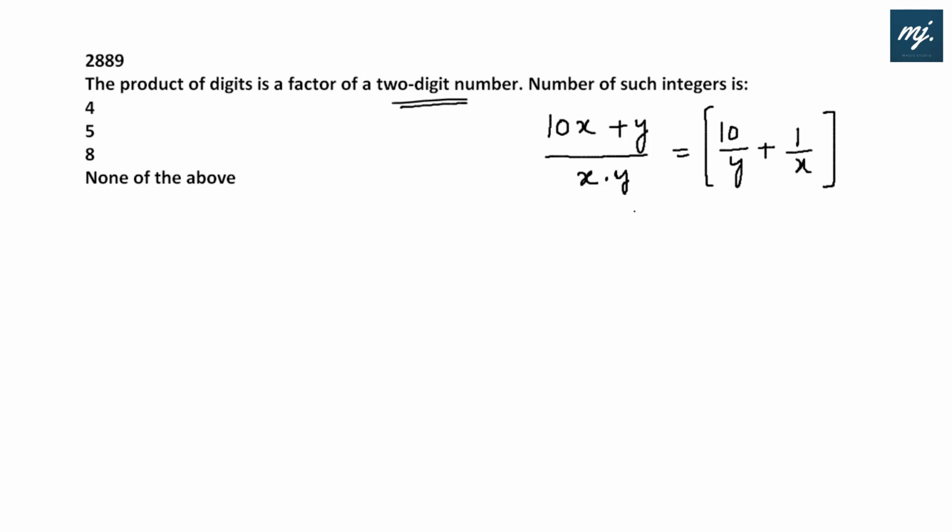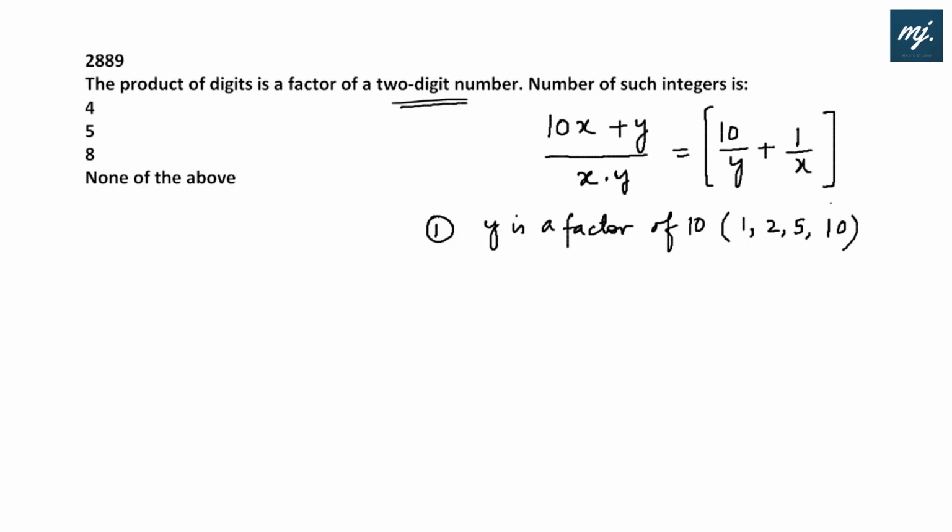In which instance would it be possible? Number 1, y is a factor of 10, then it is possible. And what are the factors of 10? We have 1, 2, 5 and 10. And one more thing, y is a single digit number.